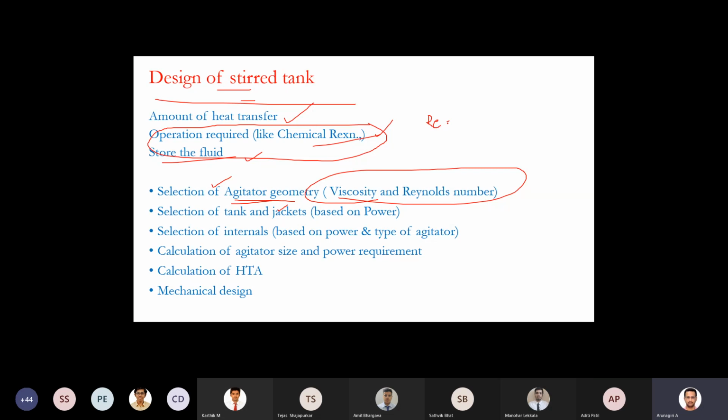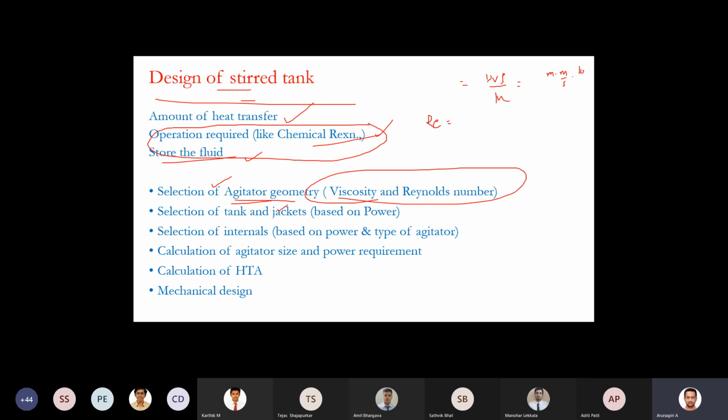What is the Reynolds number for an agitator system? For liquid flow through a pipe, it is D V rho by mu. What is the Reynolds number for this case? V is in meter per second, correct?